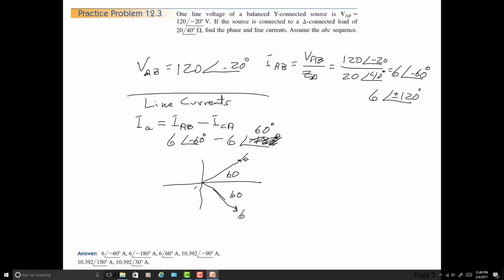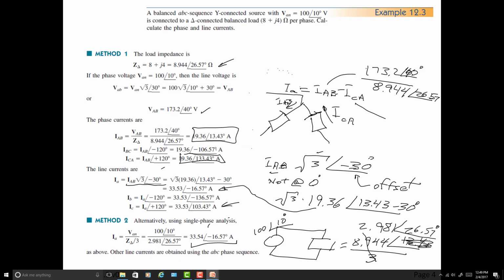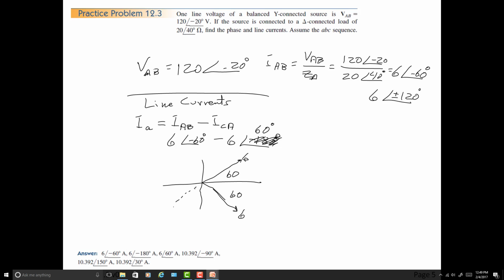6 at 60, and we're going to take it back this way. So this will be minus 6 at 60, minus that quantity, right? So I'm taking it out. So here it is going to be down here at minus 90. So the IA will be 6 times the square root of 3.